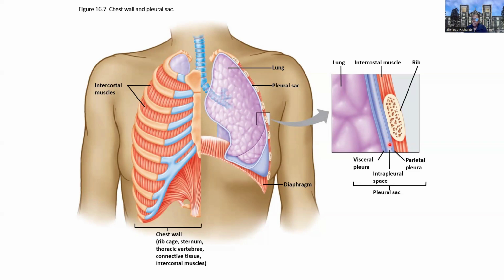So if we were to introduce air into that intrapleural space, the chest wall would pull the parietal layer out, the lung would pull the visceral layer in, and then your lung would collapse. So very dangerous, that's called a pneumothorax. And so we want to avoid having anything other than fluid and negative pressure in between these two spaces.